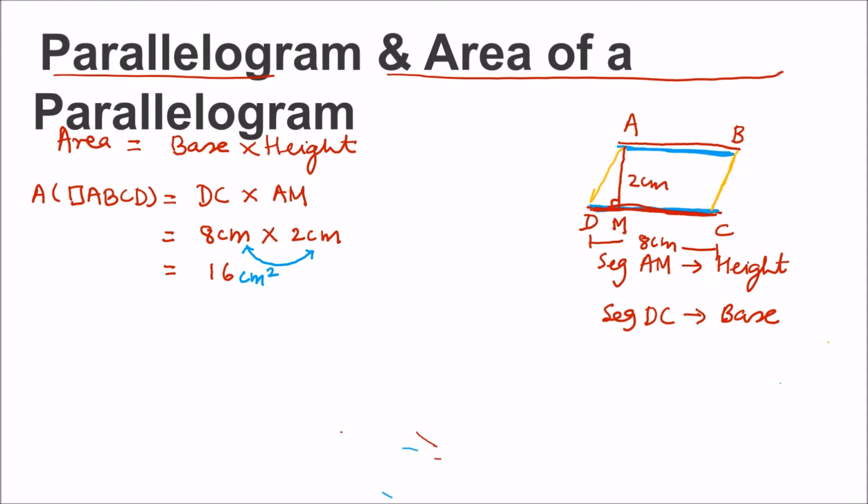So area of quadrilateral ABCD is 16 square centimeter. So the formula for area of a parallelogram is base into height.